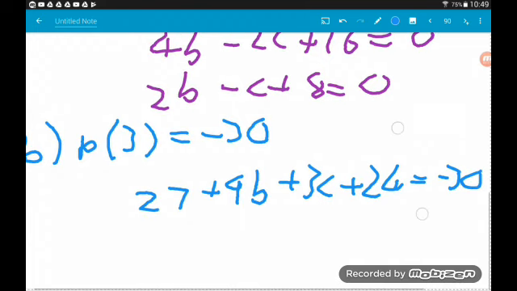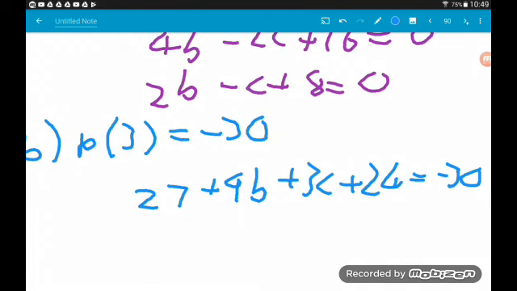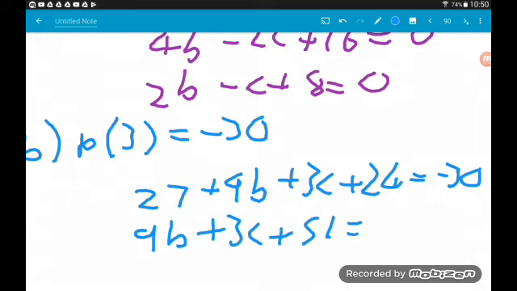So, if we sharpen up the left hand side a bit, 27 add 24 is 51. So we've got 9b plus 3c plus 51 is equal to minus 30.